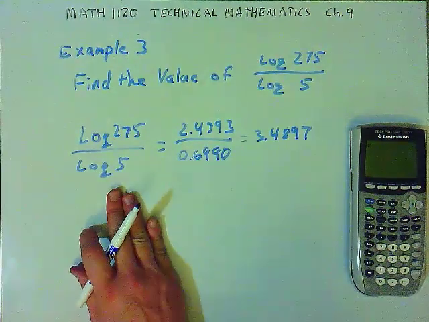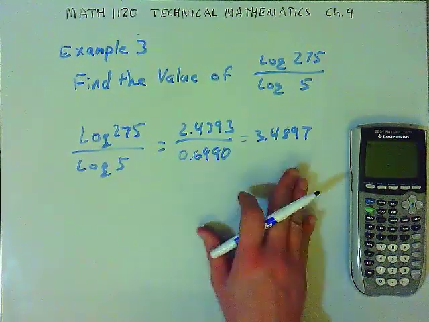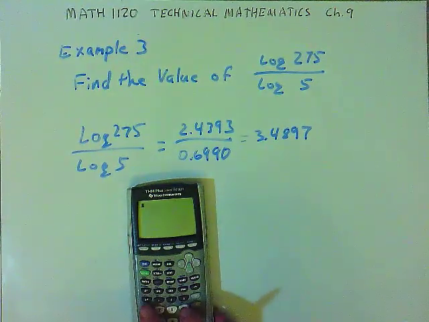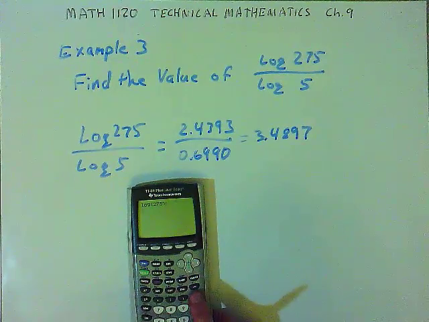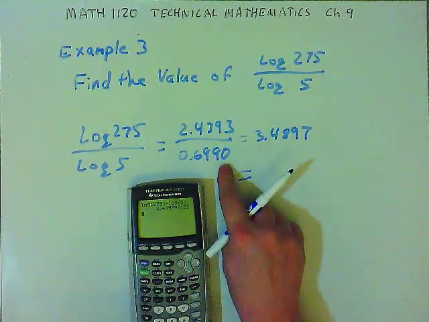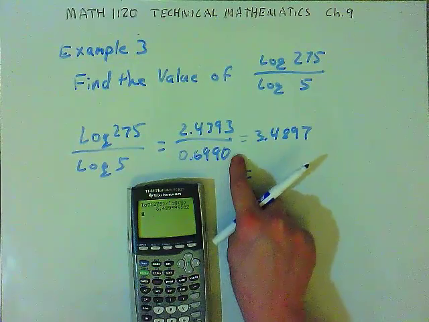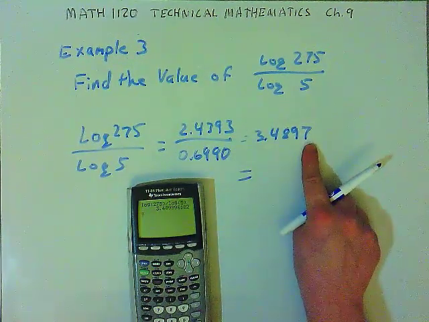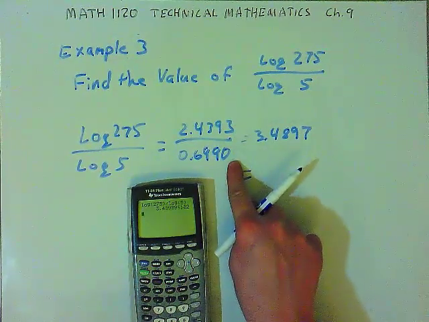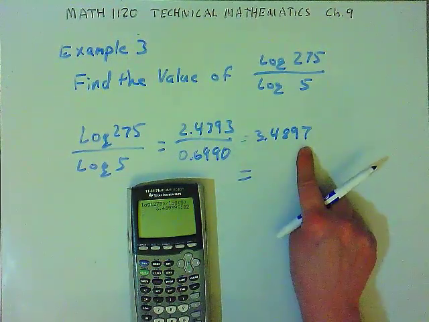And so I did this one step at a time, found those values, and then divided. My calculator will do all of this for me. I could just type in log 275, make sure I close the parentheses, and then divide by log 5, again close the parentheses and press equals. And when I do it all at once, I do get a slightly different answer because I got some rounding error here. I should have kept more significant figures. If I wanted my answer to be 4 decimal places, I should have kept 5 decimal places in these and then divided and then rounded it to 4.